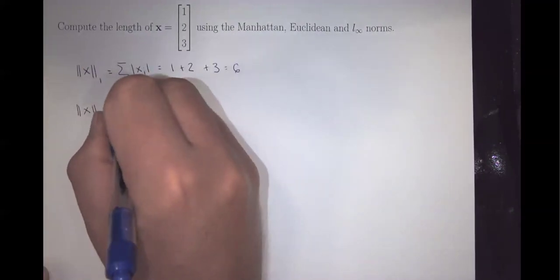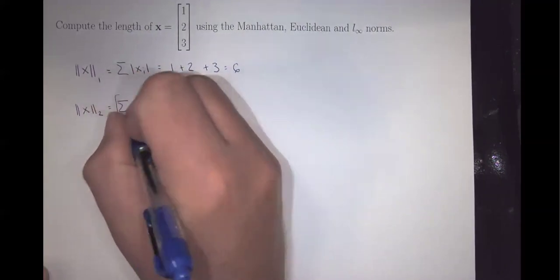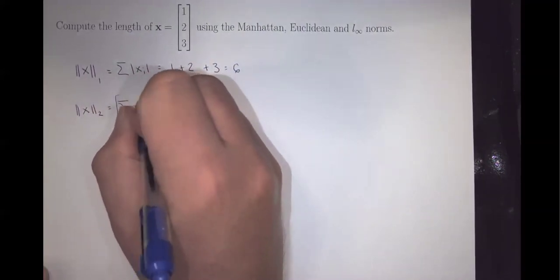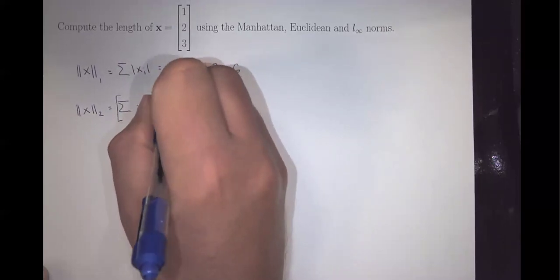The Euclidean norm, the 2 norm, is the sum of the values xi but squared, and then at the end we take a square root.